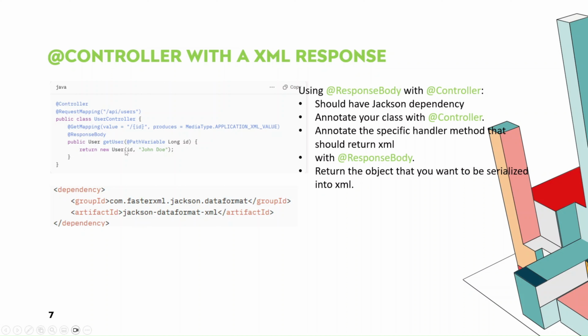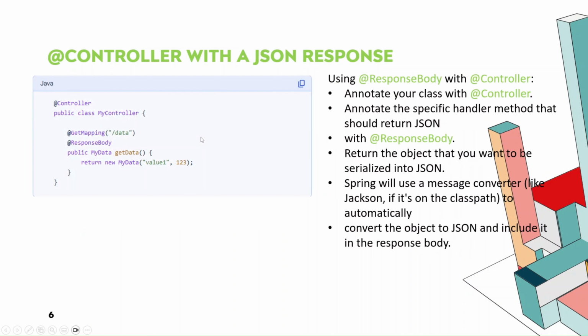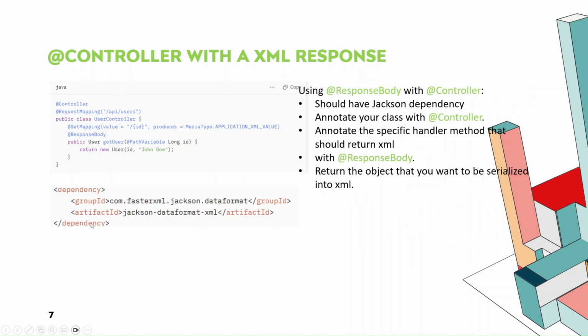This function is going to produce the XML media type, application underscore XML value, and you need to put this dependency. This is very important. Only two things. Compared to this, for JSON we don't put the producers or the dependency. For XML, we have to put this particular dependency, and you should tell from the method level that you are going to produce XML from this response.